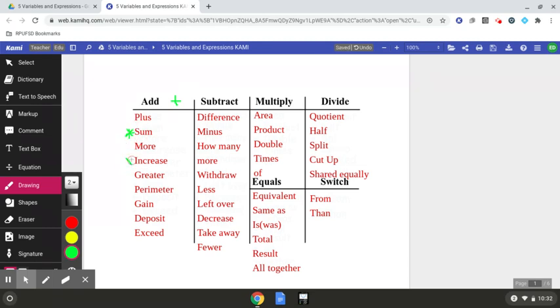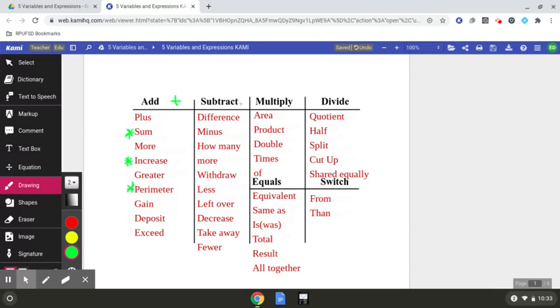You're going to see increase a lot. You're going to see the word perimeter. Okay, all of these words though, plus, sum, more, increase, greater, perimeter, gain, deposit, exceed, they all represent addition. So when you see those words, it means that you're adding.